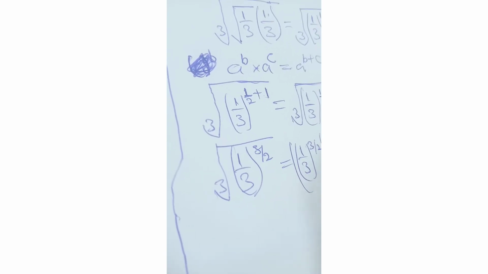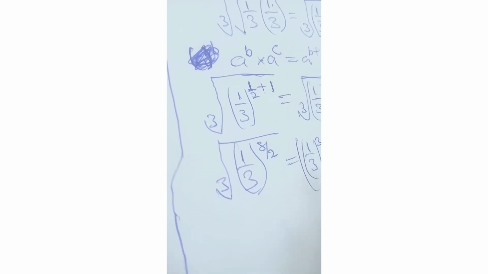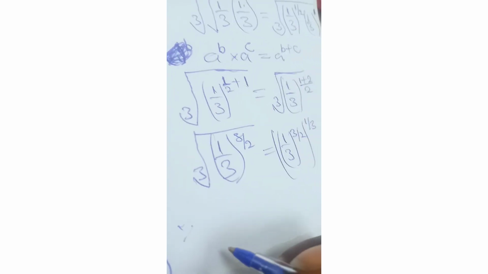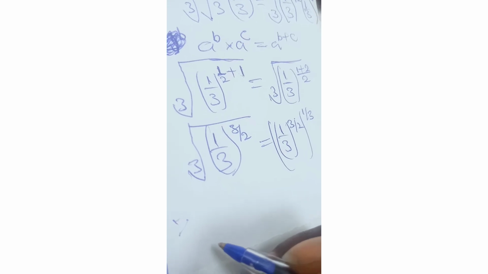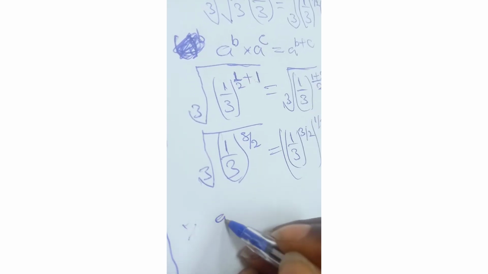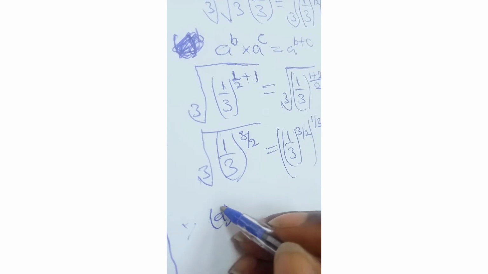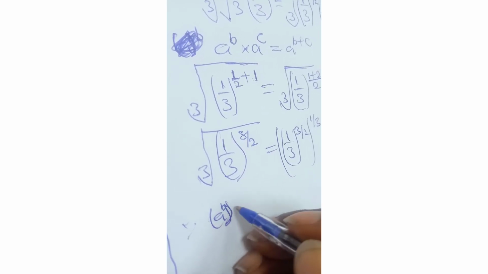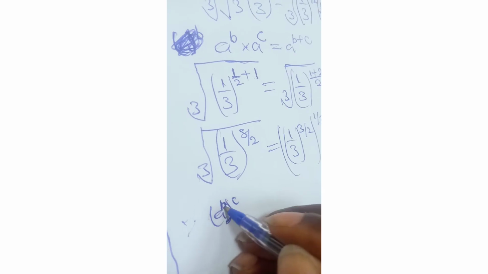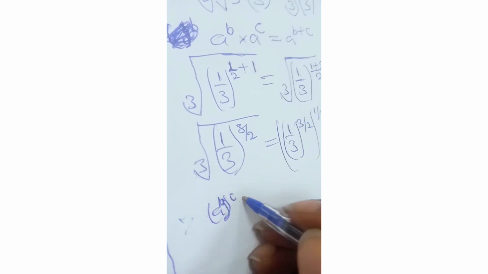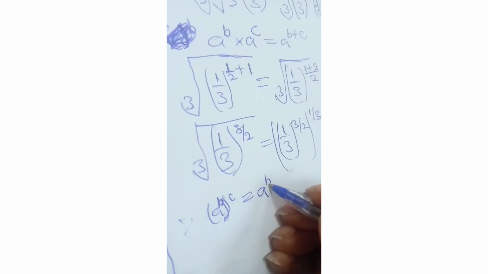Remember, cube root is the power 1/3. Now, at this junction, it is the same as the double power law in indices. When you have a raised to power b, all raised to power c, it's the same thing as a raised to power bc.